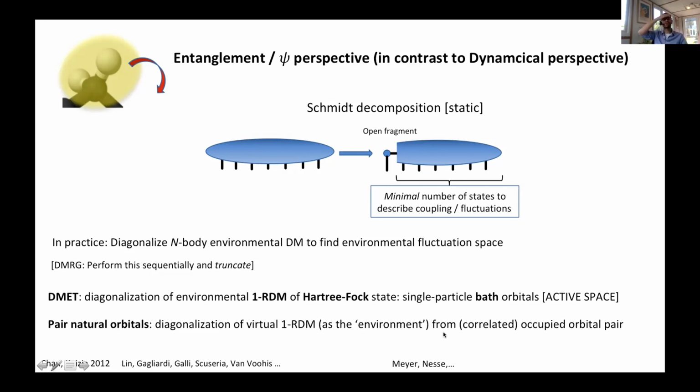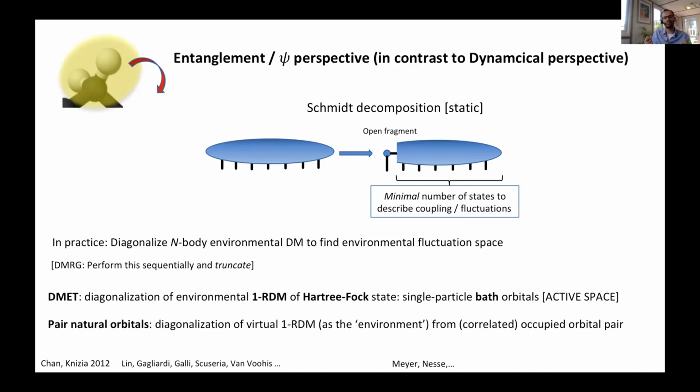I want to make the connection to something else in quantum chemistry, pair natural orbitals. In some ways, pair natural orbitals can be thought of as a Schmidt decomposition. You take an occupied orbital pair, you take as your level of theory your wave function from MP2 theory, and then you think of your environment as just the virtual space. So you diagonalize the virtual block of your one-body density matrix constructed from MP2 theory.